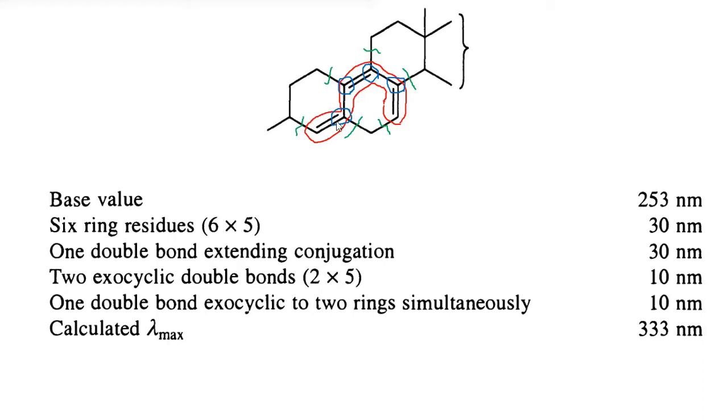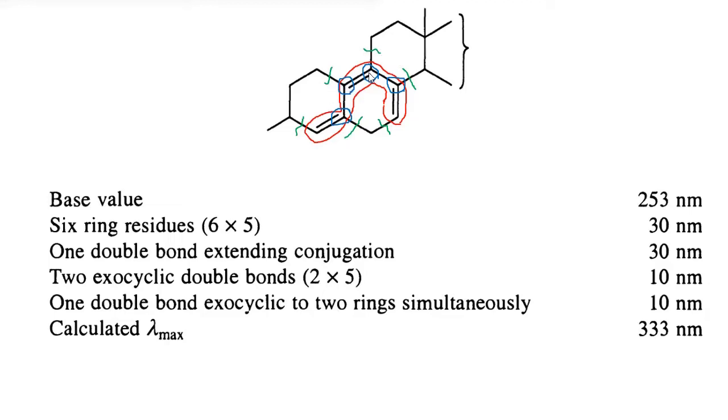Also, you can see here is an exocyclic double bond with respect to this ring. See, another exocyclic double bond which is common to both this ring and this ring. This double bond is exocyclic with respect to this ring and this ring.